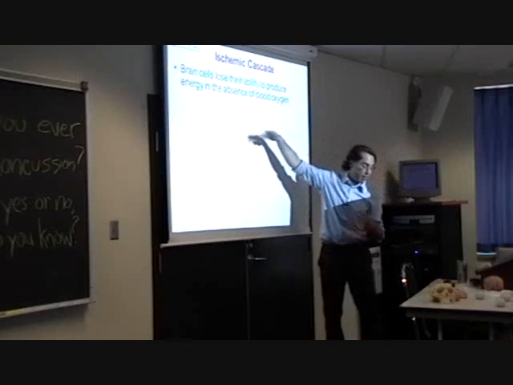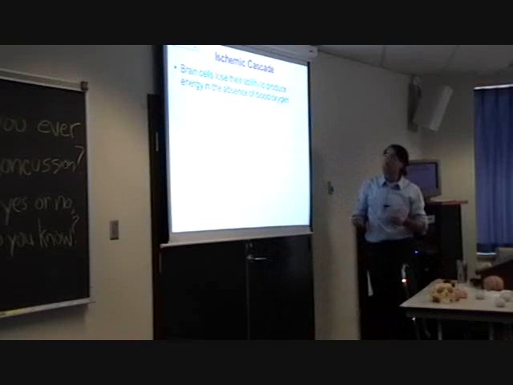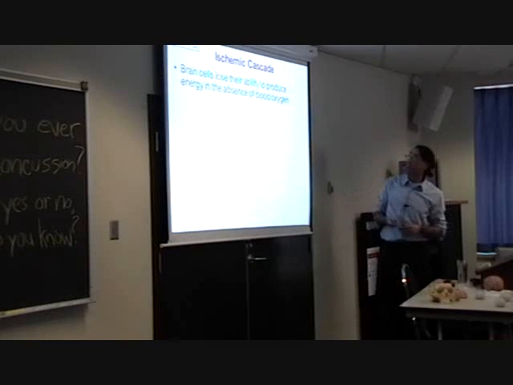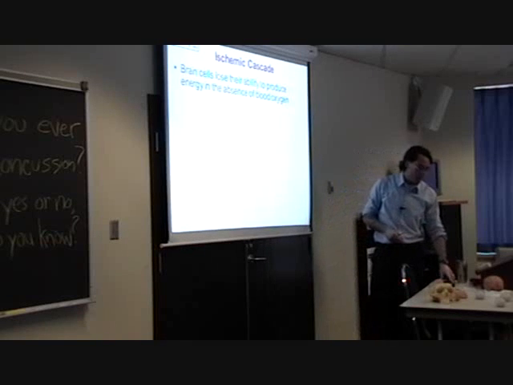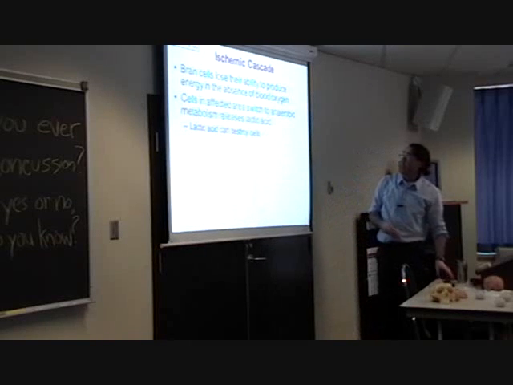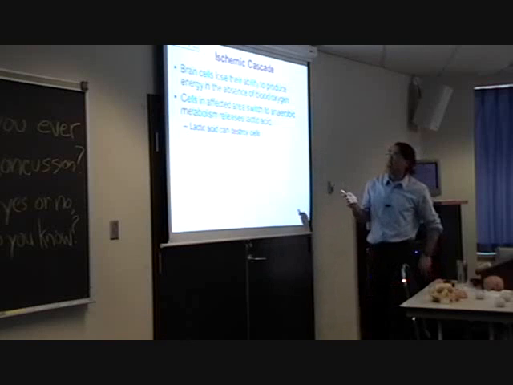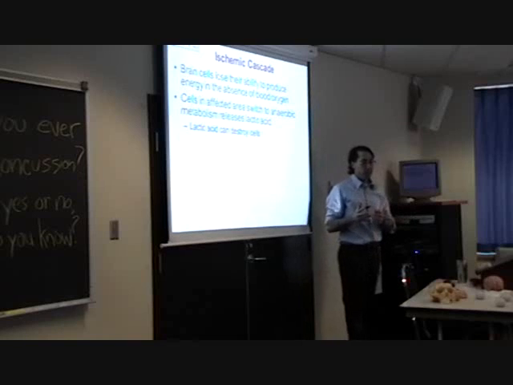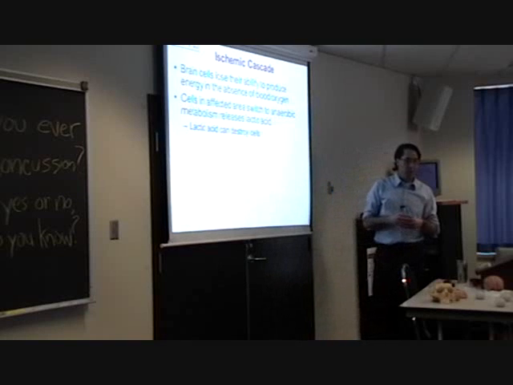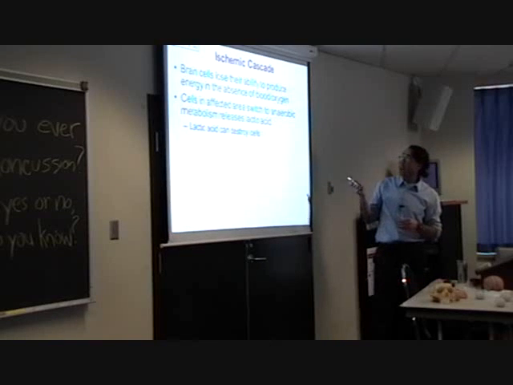When you have a blockage of blood or a leaking of blood, brain cells lose their ability to produce energy because there's no oxygen being sent to that part of the brain. I think this is interesting. Think of the brain as a muscle. I know the brain is not a muscle, but it does have some similar properties to muscle.